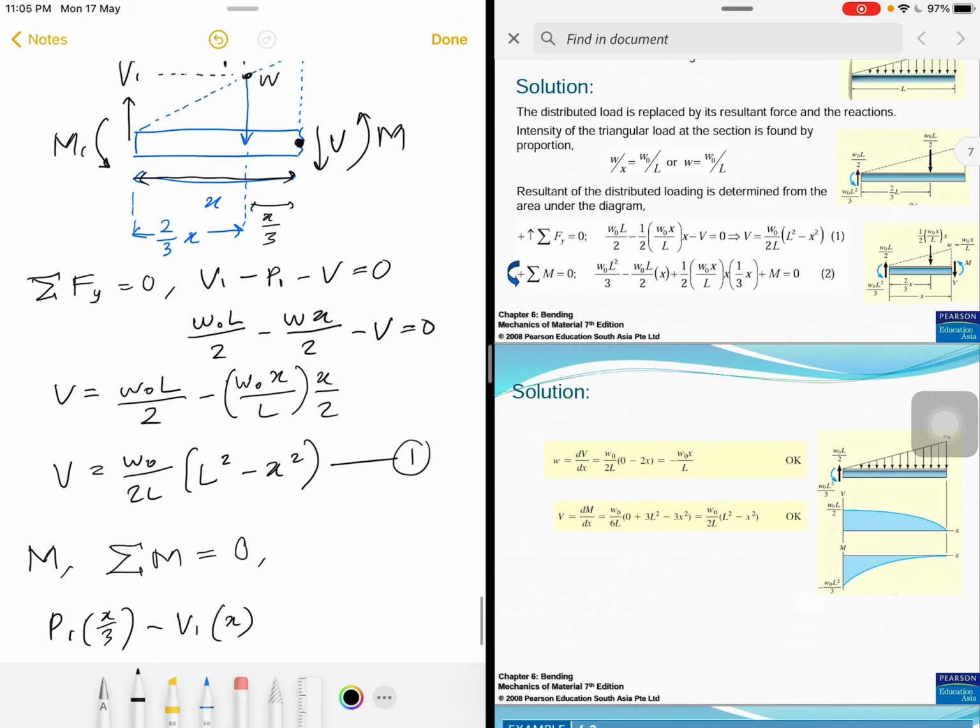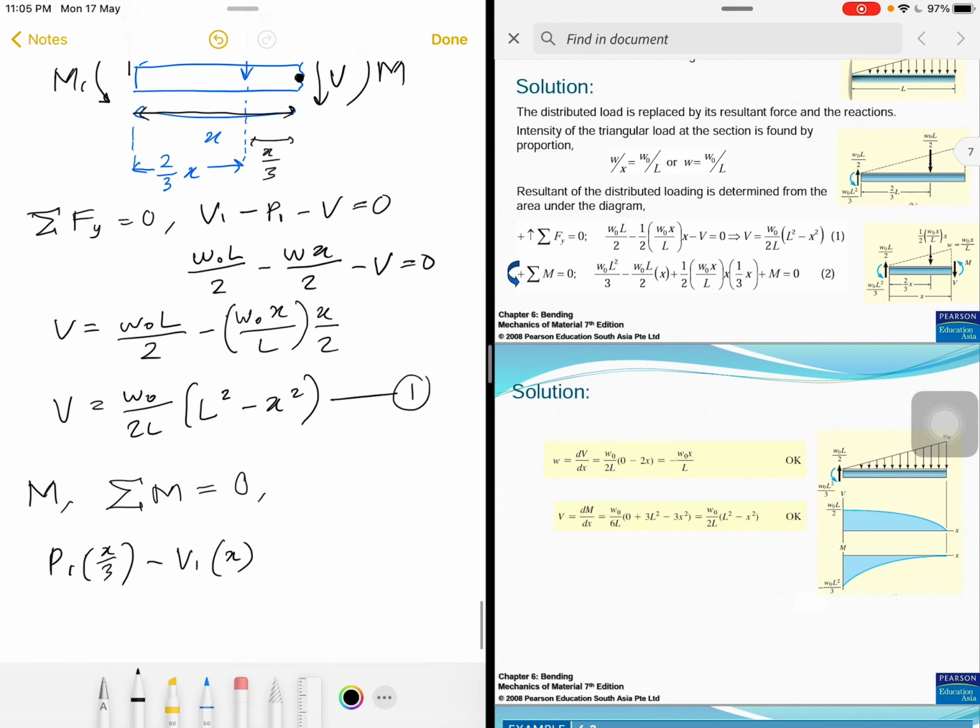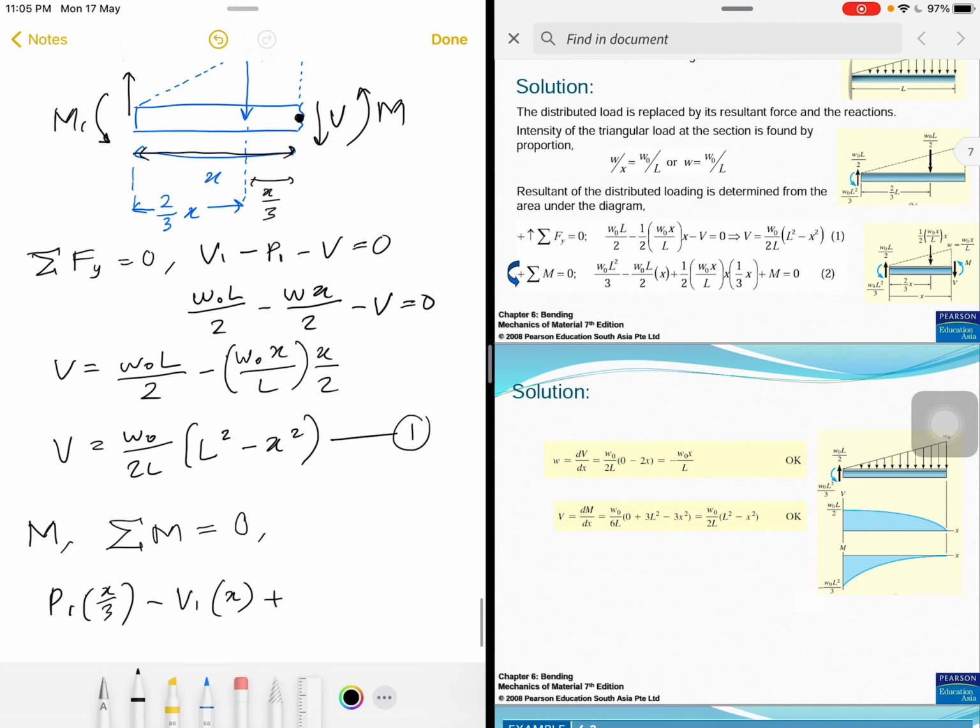So minus, and then M1 we need to add because it is anti-clockwise. So M1 and plus M equal to 0.